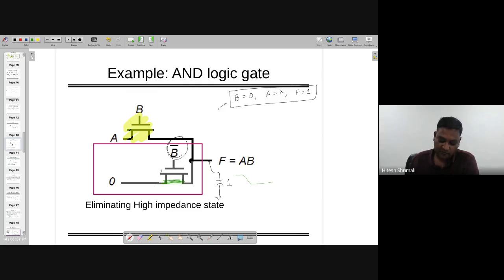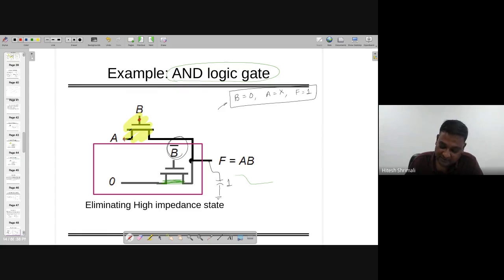So this is how we are eliminating the high impedance state, and this whole circuit is known as the pass transistor based AND logic gate. You can see that pass transistor is the one where you are not only giving input at the gate, but you are giving the input at drain and source also, right? So that kind of logic is known as the pass transistor logic.